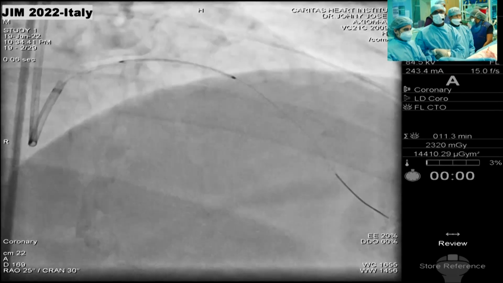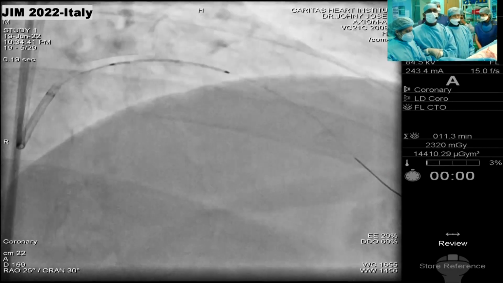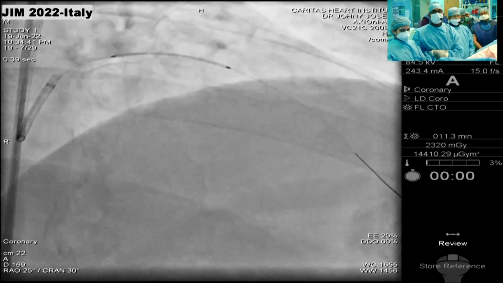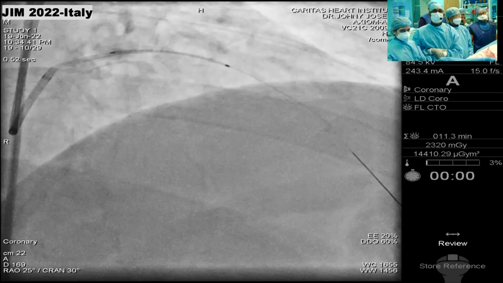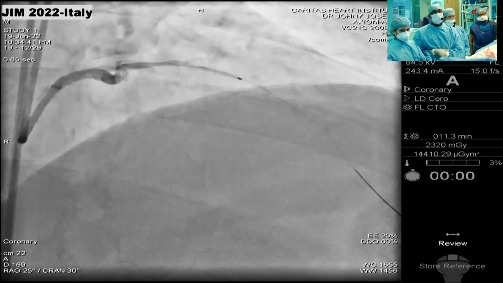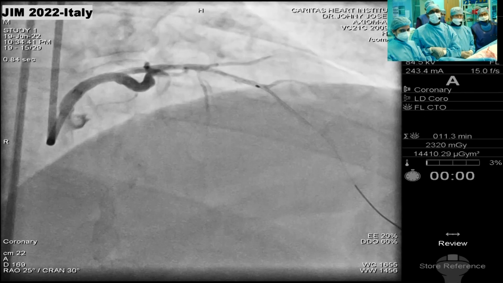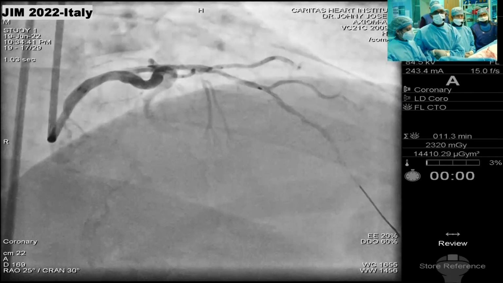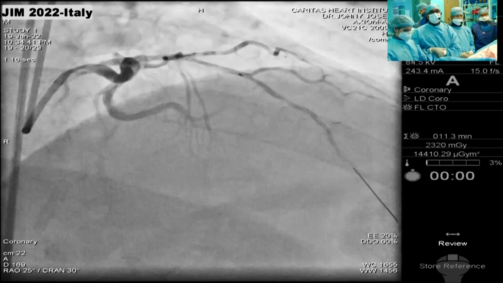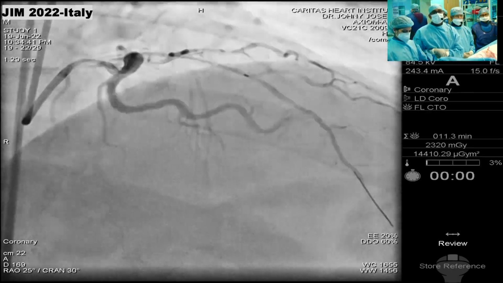So I see a long stent going to be implanted. We have another 20 minutes. I think we should let them go ahead and see how it comes and then discuss the result. So please go ahead.